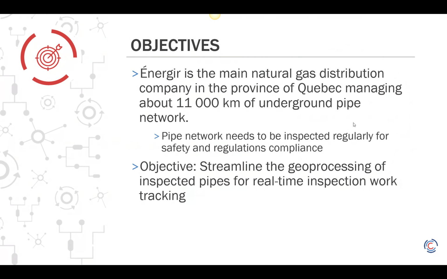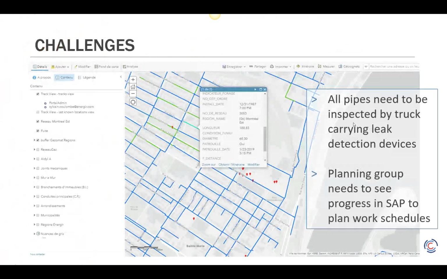They manage around 11,000 kilometers of underground pipe network, and to comply to regulations, they actually have to inspect, streamline the geoprocessing, so to have a sort of a real-time analysis of their progress in the field. And they used the FME server as one of the components to accomplish this.